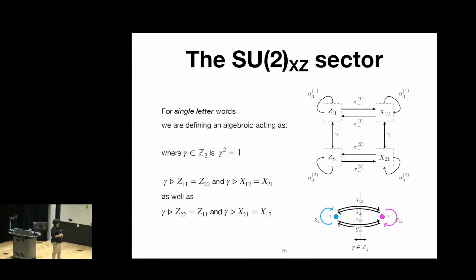Now, how should you understand this algebroid? Basically, you should just understand this picture, but let's walk through it together. This picture is only for single-letter words. In a second, I will tell you how to string single letters into bigger words. So these are the vector spaces on which we act, and these are the generators that tell us where they start and where they end.